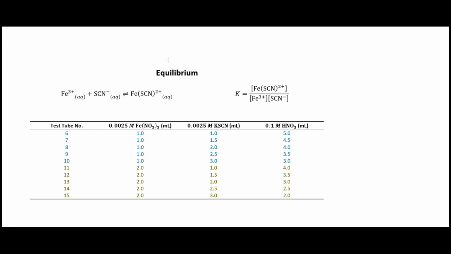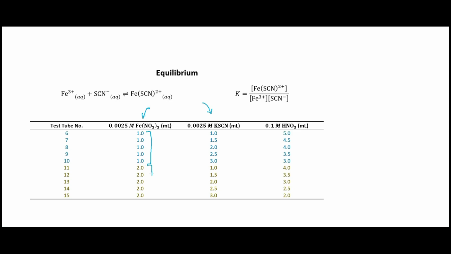All right, so then in the next part of it, we'll actually be looking at the equilibrium. And so in this, we will no longer be using the excess iron nitrate here. So we'll be using equal concentrations of the iron nitrate and the potassium thiocyanate. The iron nitrate, so I have these colored. So in this first part here, we're looking at 1 milliliter of this 0.0025 molar iron nitrate.